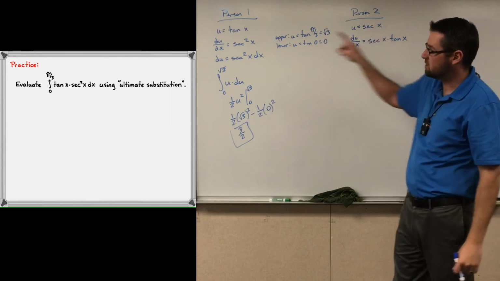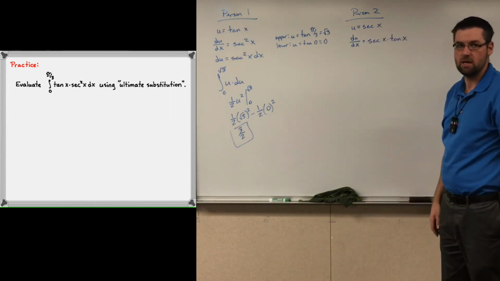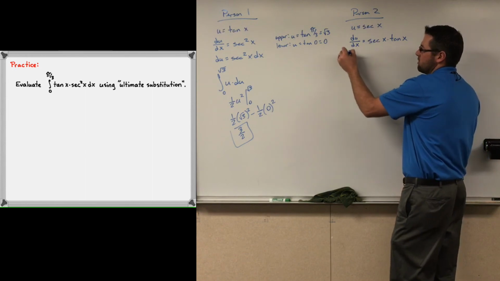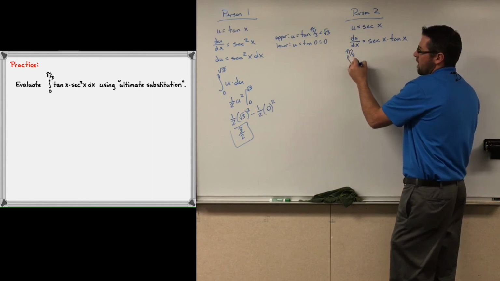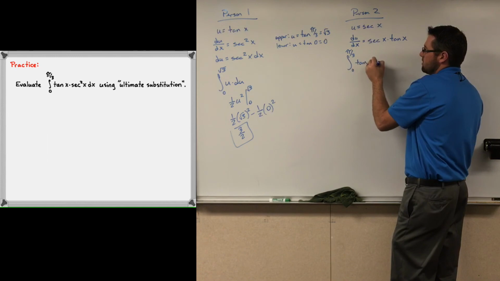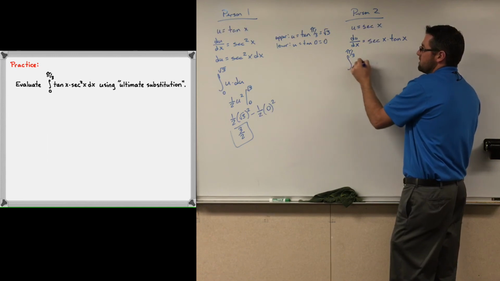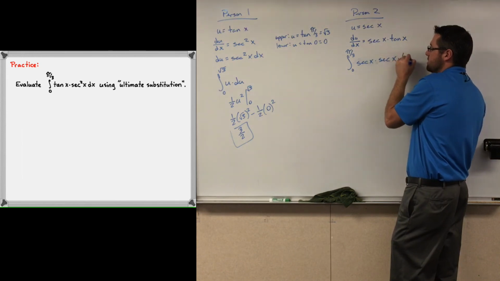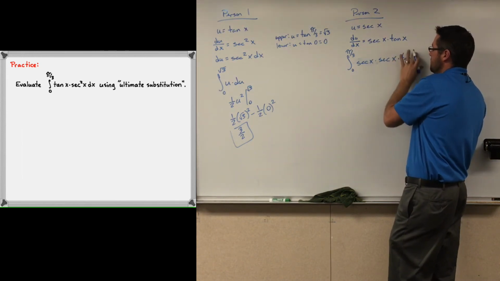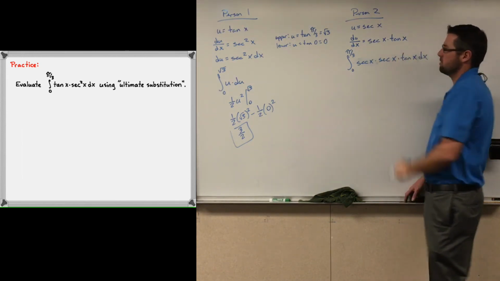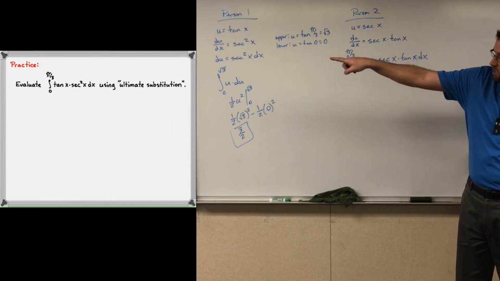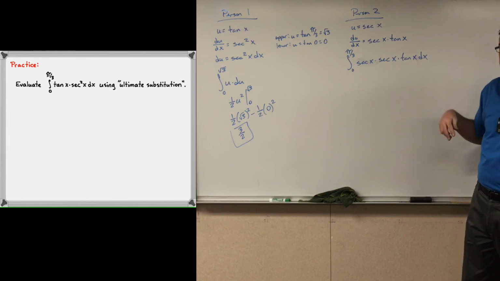Do you see those things over there? Yeah. Let me rewrite this. The integral from 0 to pi over 3 of secant x times tangent x dx. Do you agree that that's what that was? Tangent x secant squared x is the same as this, yeah?